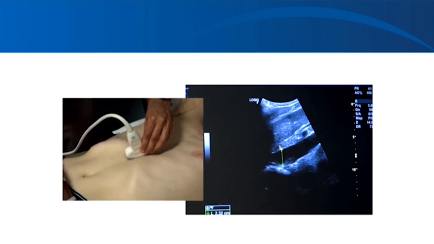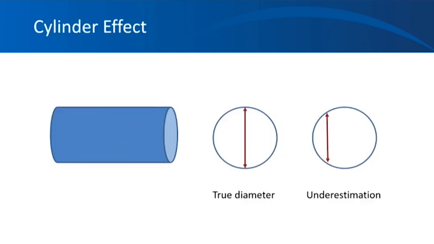Another important thing you want to know when you are measuring the diameter of the IVC is something called the cylinder effect, where IVC is a 3-dimensional structure, and the routine grayscale ultrasound is a 2-dimensional modality.